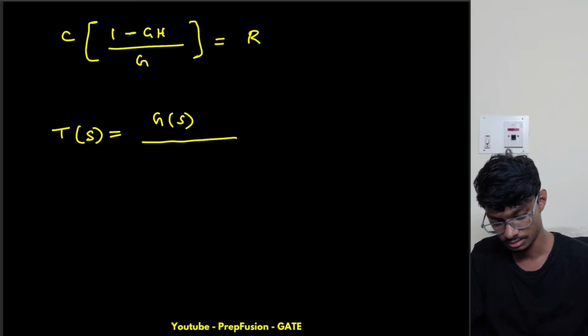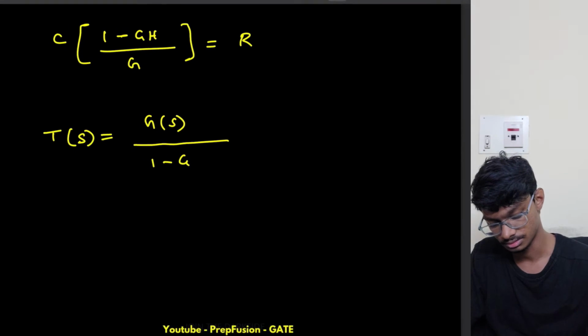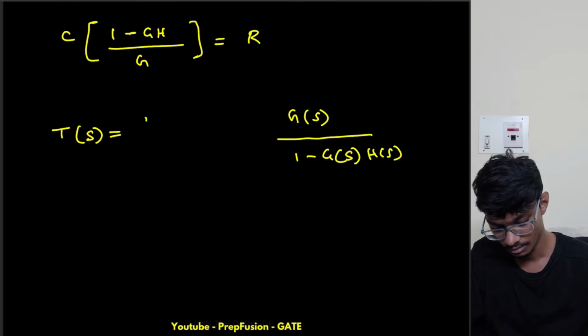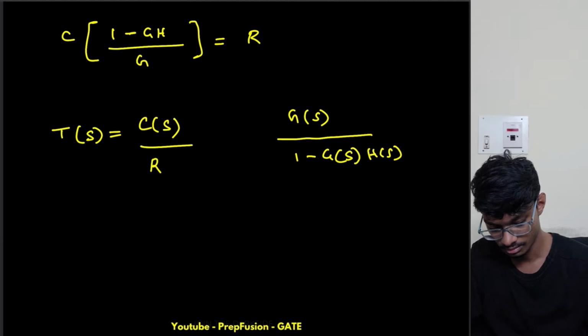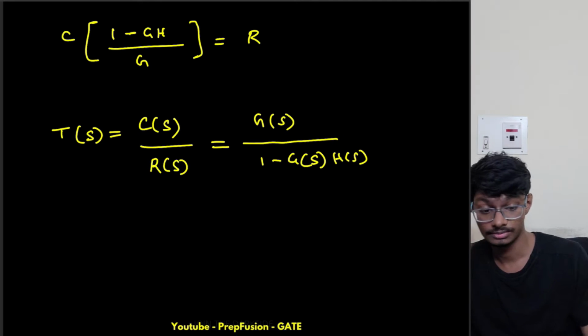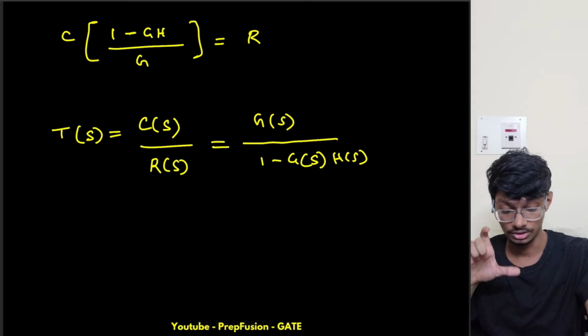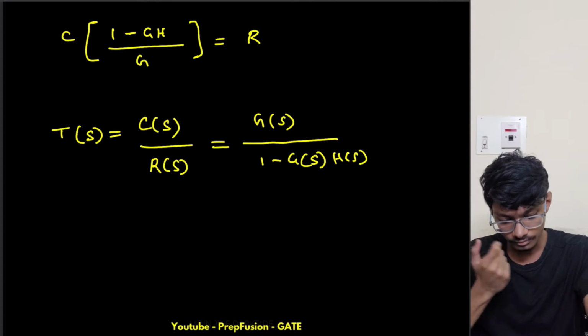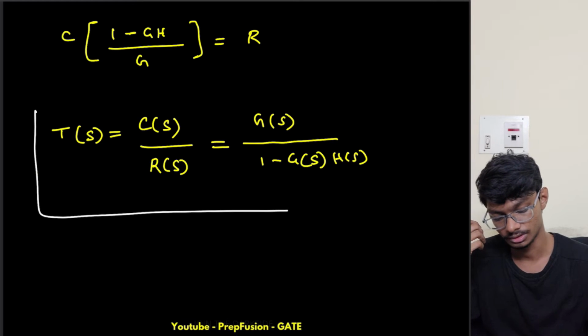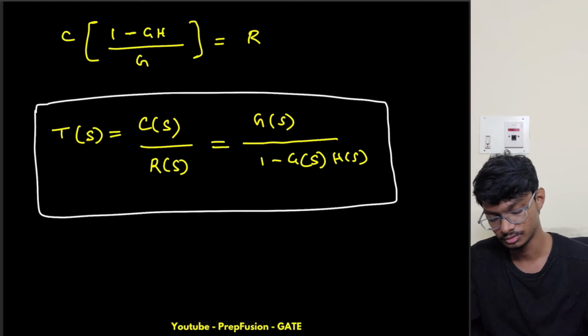G of S by 1 minus G of S H of S. So this is basically the transformation, C of S upon R of S, for a positive feedback system. This will automatically get stuck in your head, because it will be used multiple times.